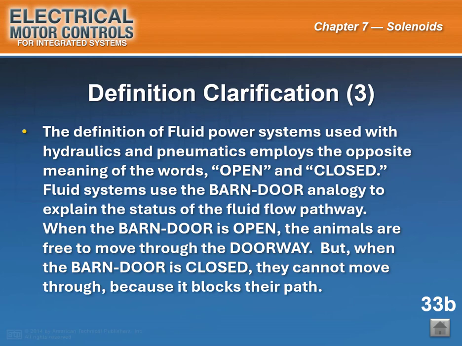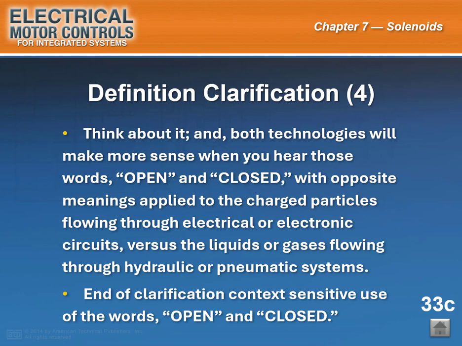Think about it, and both technologies will make more sense when you hear those words, open and closed, with opposite meanings applied to the charged particles flowing through electrical or electronic circuits, versus the liquids or gases flowing through hydraulic or pneumatic systems. End of clarification. Context-sensitive use of the words open and closed. End of slide 33.